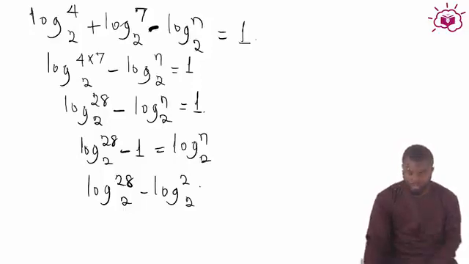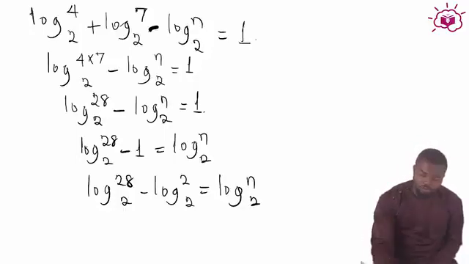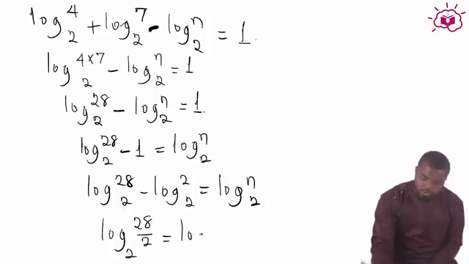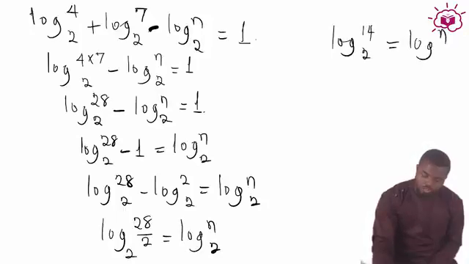Because the logs are subtracting, we apply the rule that states that we divide the numbers. So that will be log 28 divided by 2 base 2 equal to log n base 2. 28 divided by 2 is 14. That will be log 14 base 2 equals log n base 2.